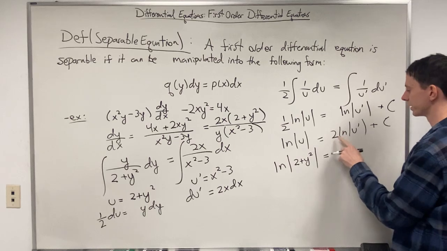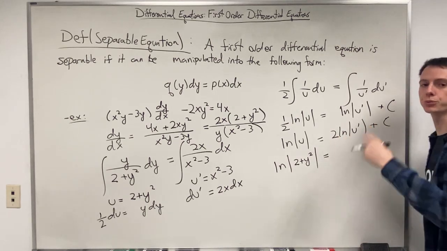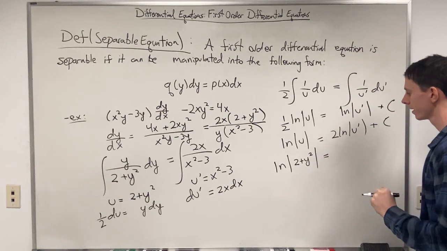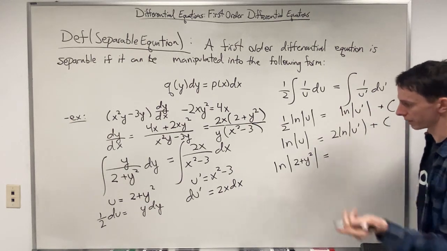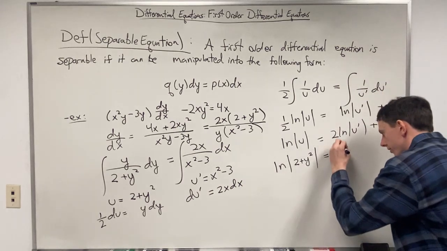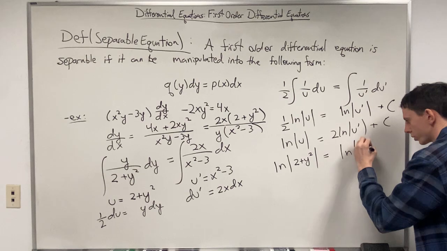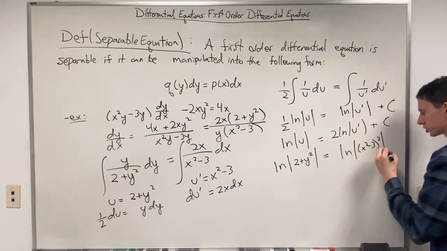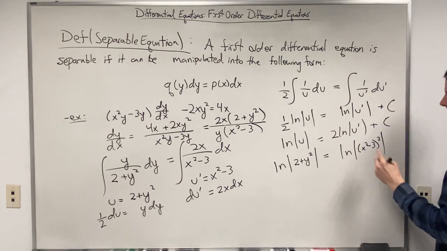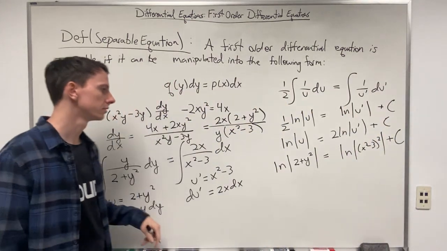Instead of writing 2 times the natural log of u prime, this is the same thing as the natural log of u prime squared. But then what is u prime? U prime is this quantity here, x squared minus 3. So I'm just going to write this as the natural log of x squared minus 3 quantity squared, and then still our same plus c at the end.